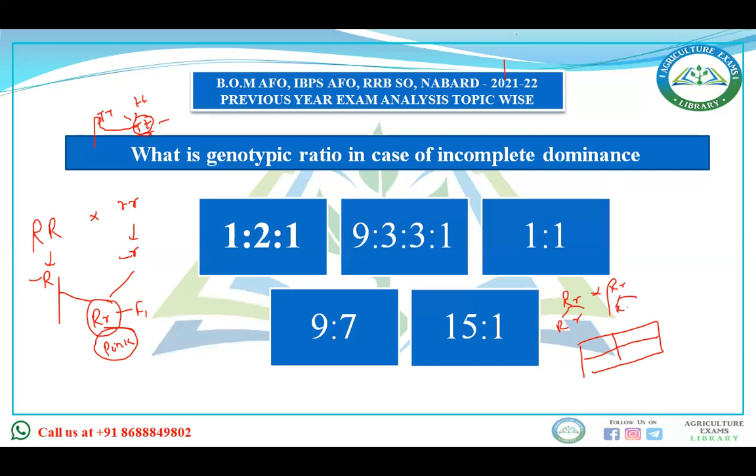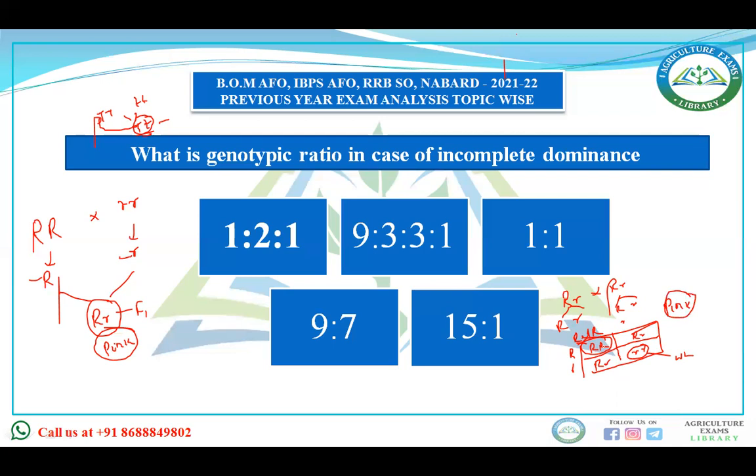Crossing them, you get RR, Rr, Rr, and rr. Now capital R capital R will look red, small r small r will look white, and capital R small r will look pink in color, which is different from both the parents.